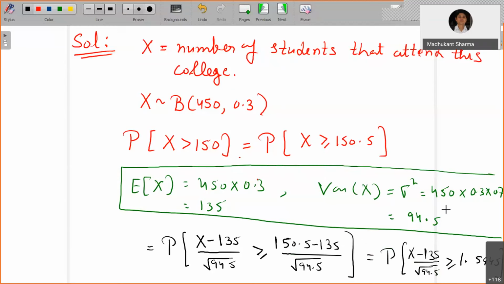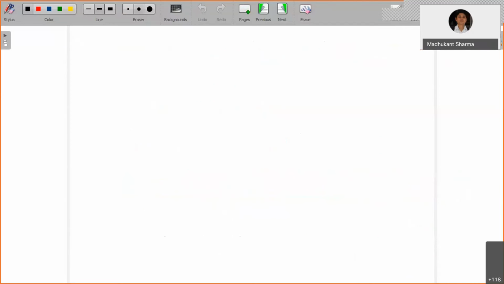So this is the probability of Z greater than or equal to 1.5945, which is 1 minus P of 1.5945, about 1.59.